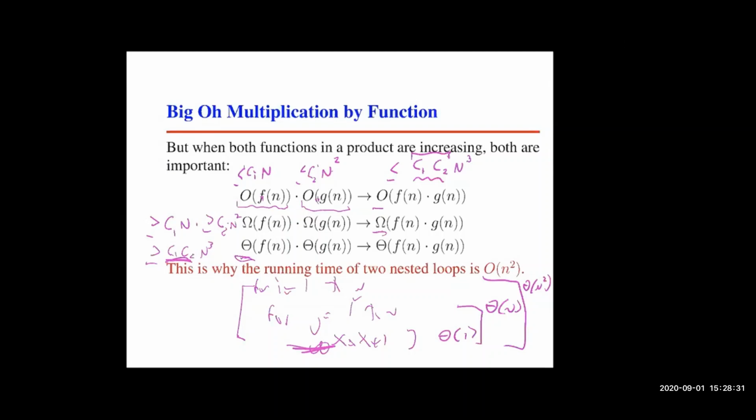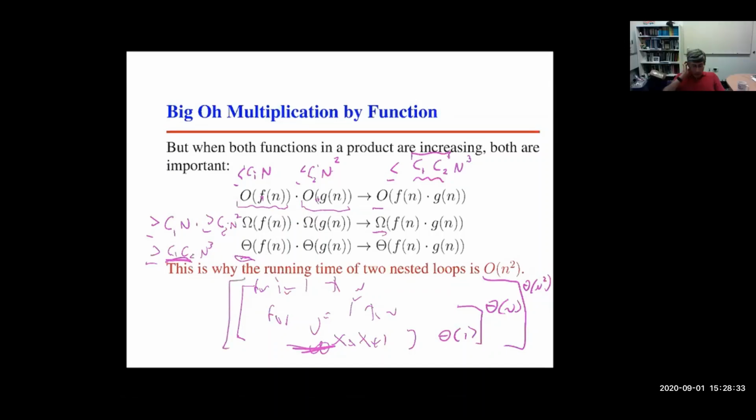Okay, in this case, we're talking about the worst case running time. If we have something that is just adding two integers, clearly to add two integers takes one step that is upper bounded by a constant, 1 or 2, and lower bounded by a constant, 0 or 1, okay?